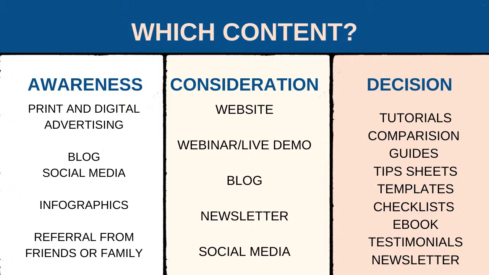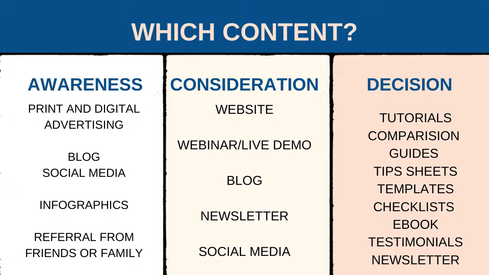So in the awareness stage, some of the types of content that you could be creating are either print or digital advertising. So putting up ads, it could be a billboard. It could be a fence, those seat placards, any type of advertising, digital advertising, Facebook, Pinterest, Instagram, Twitter, LinkedIn, ads themselves, commercial ads, right?